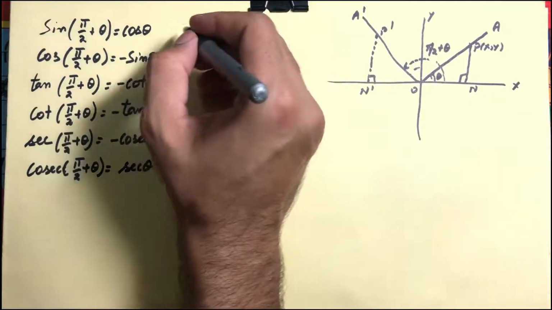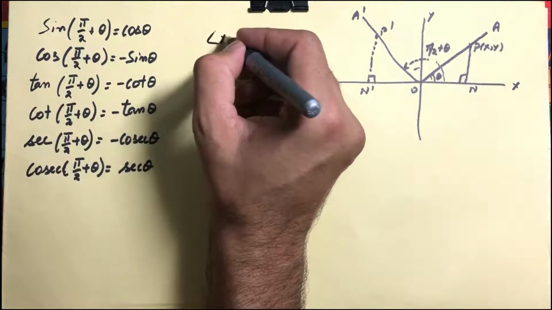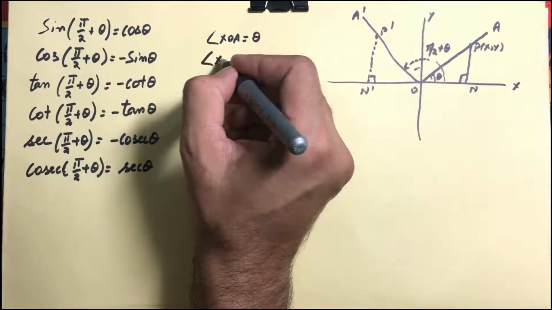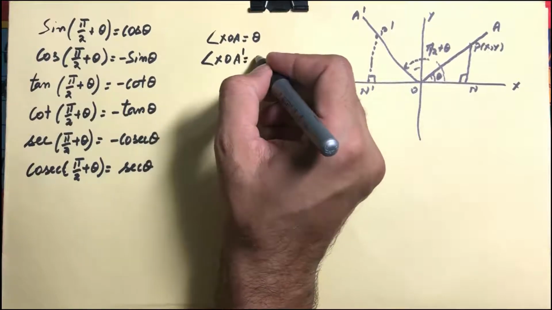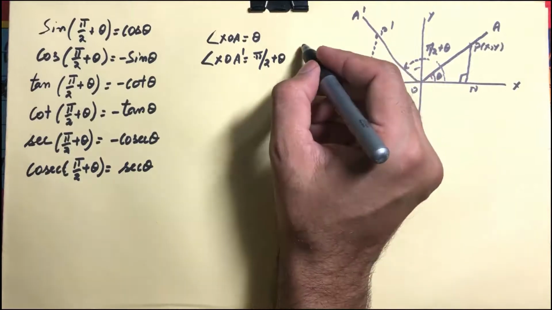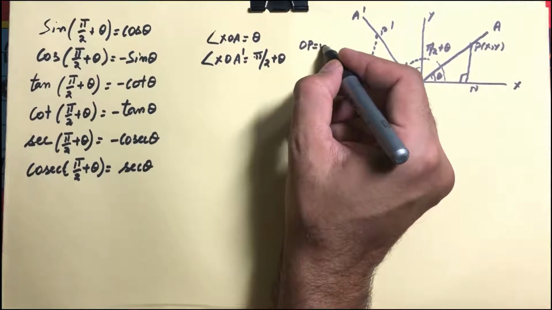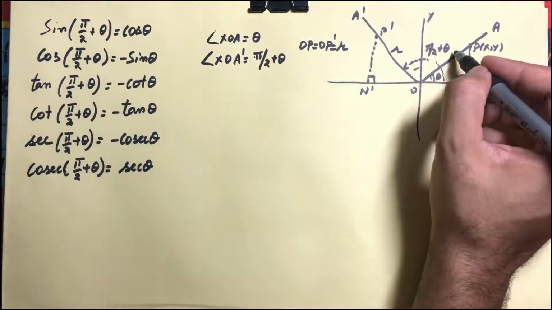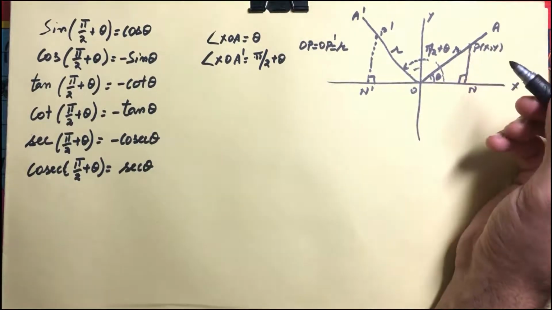Again here about the angles, angle XOA is theta, angle XOA dash is pi by 2 plus theta. And what about OP and OP dash? They both are the same, r. This is r, this is r.